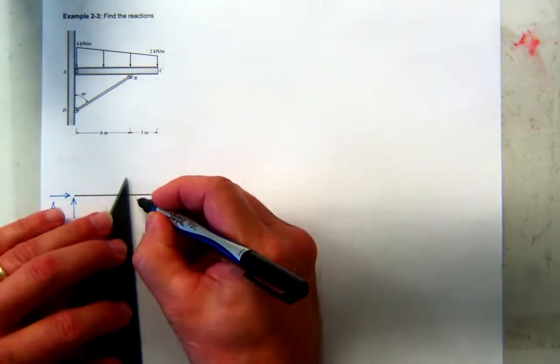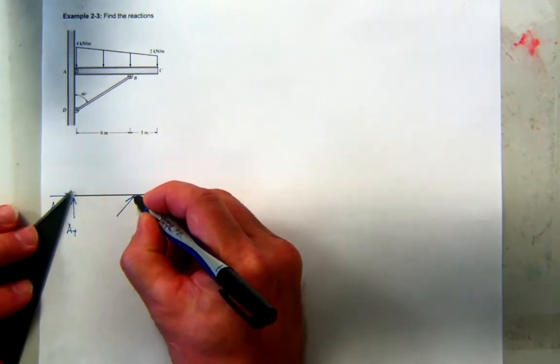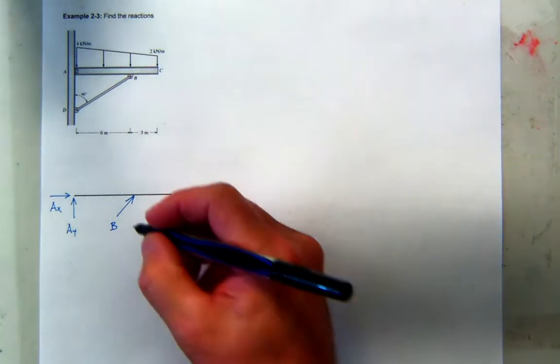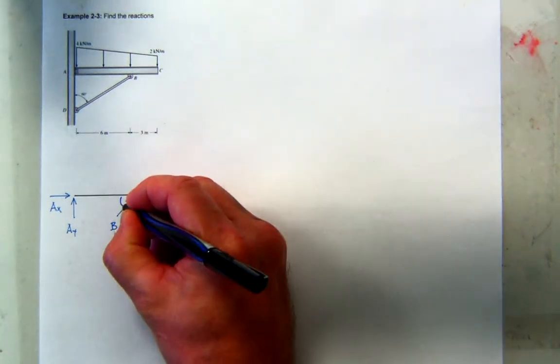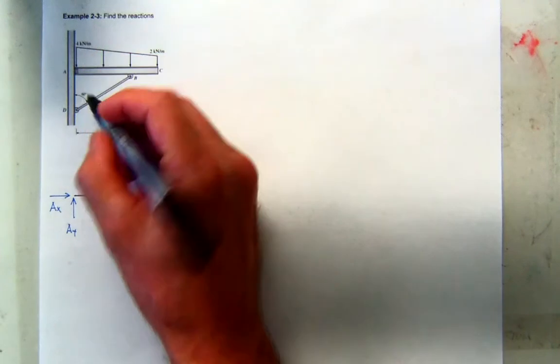And then here at B, I'm going to call that force B. It's not A, it has components in the X and Y direction. We may have to get those in a minute. And that angle is going to be 30 degrees. This is a right angle, so this is 60, so that should be 30. Is that right? Yes.